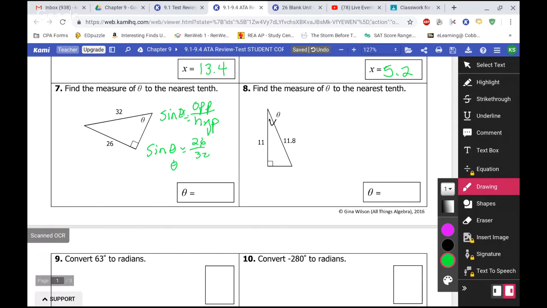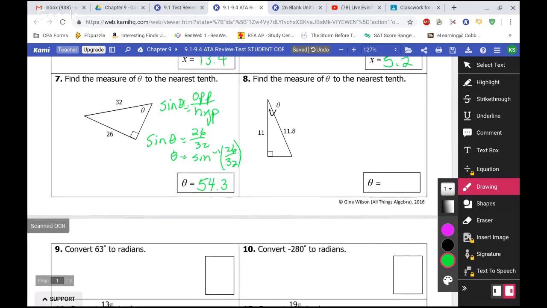We're going to take the inverse of both sides, and that ends up looking like this. So we've got second inverse sine 26 divided by 32 equals. So our angle measure for theta is 54.3.